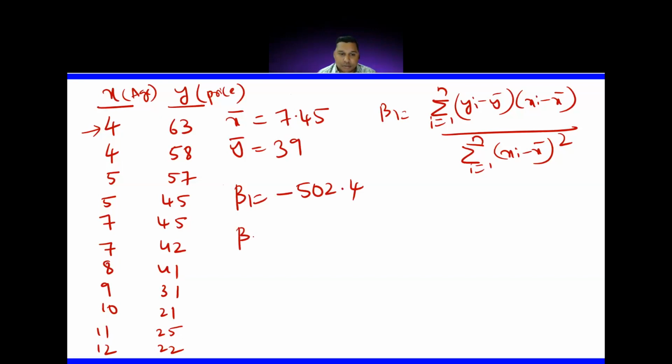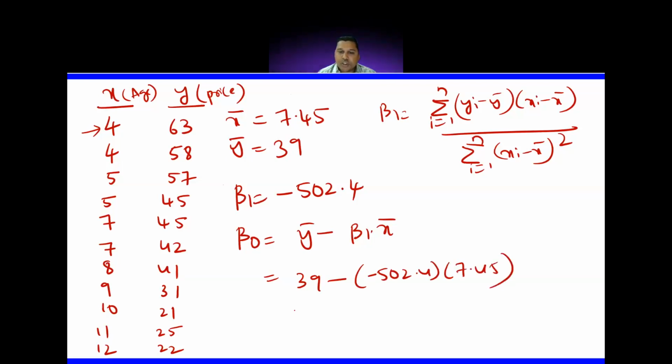Similarly, if you find beta naught, we know that its equation is simple. Beta naught is given by y bar minus beta 1 into x bar. So this way, it is 39 minus 502.4 into 7.45. This minus of minus becomes plus. If I calculate it, somewhere around 3742.88.